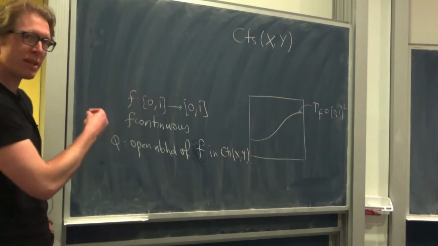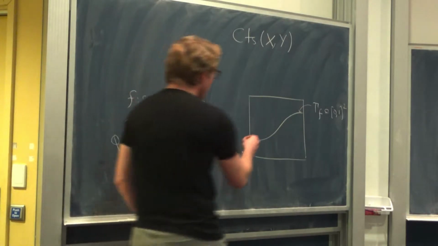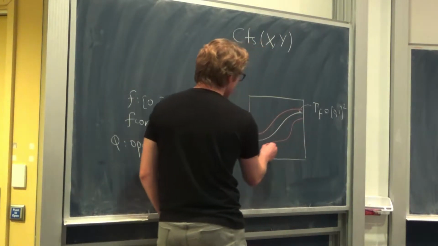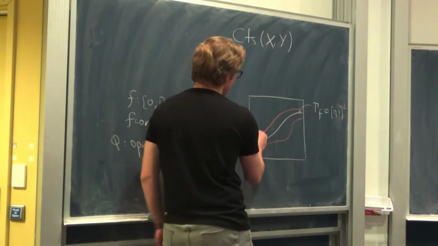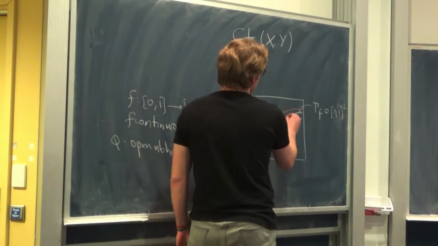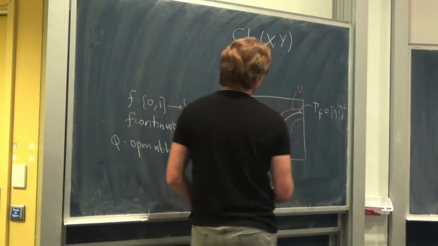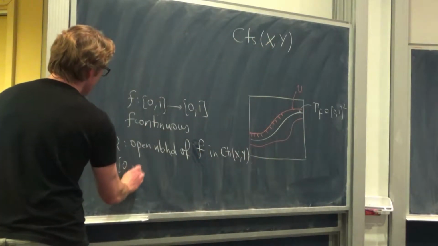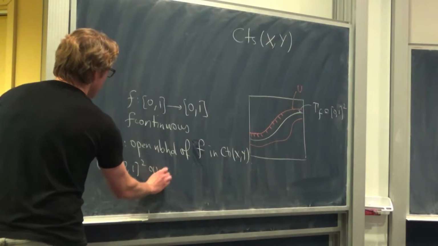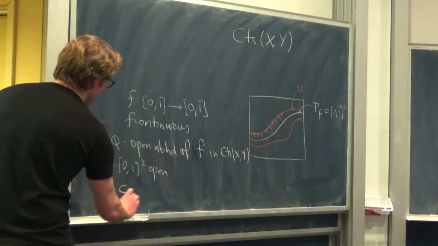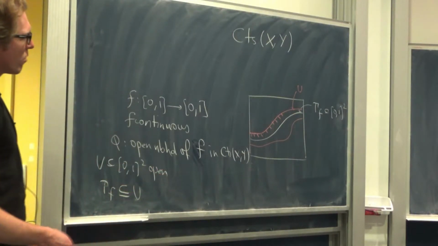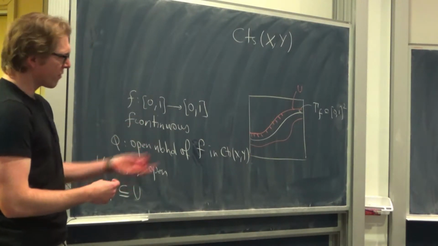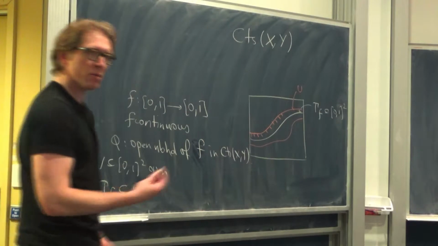Well, I could take an open subset of that square around the graph of f. Let's call that U. So if I took U in [0,1] squared open with the graph Gamma f contained in U, it would make sense to call another function g close to f if the graph of g lies in that open set.